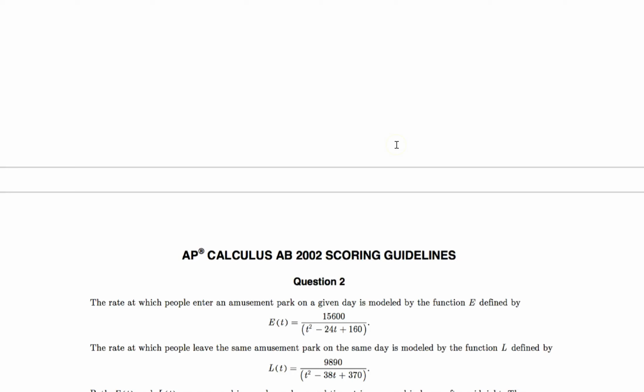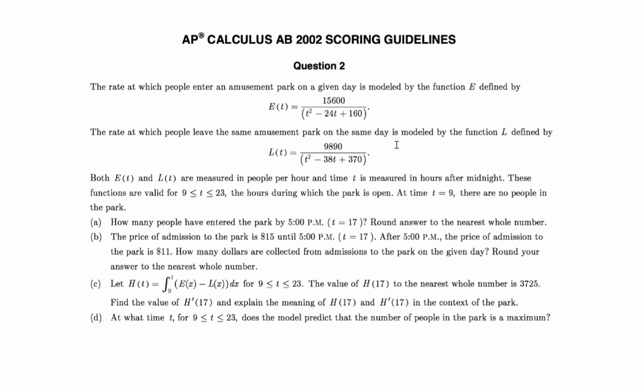Let's go over one more, one with two equations. This is from 2002. The rate at which people enter an amusement park is given by this. So this is people entering the park, our added value. People exiting the park, leaving it, is our L. So this is in, this is out.